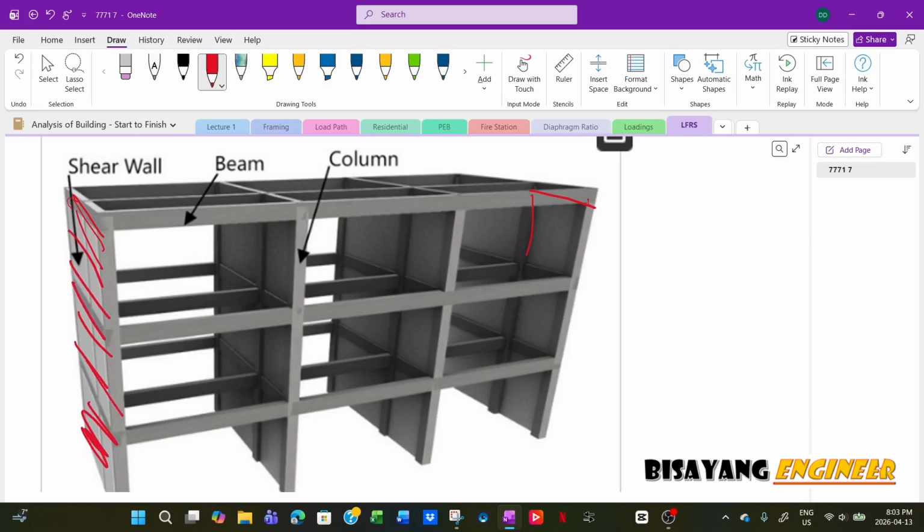This is only showing one orthogonal direction, so there has to be a shear wall in the other direction also. If not, then it will be a hybrid, a shear wall in this direction and a moment frame in this direction, which is unusual, but it happens. So instead of the beam and column moment frame resisting the lateral load, it is now the shear wall that transfers the load down to the foundation.